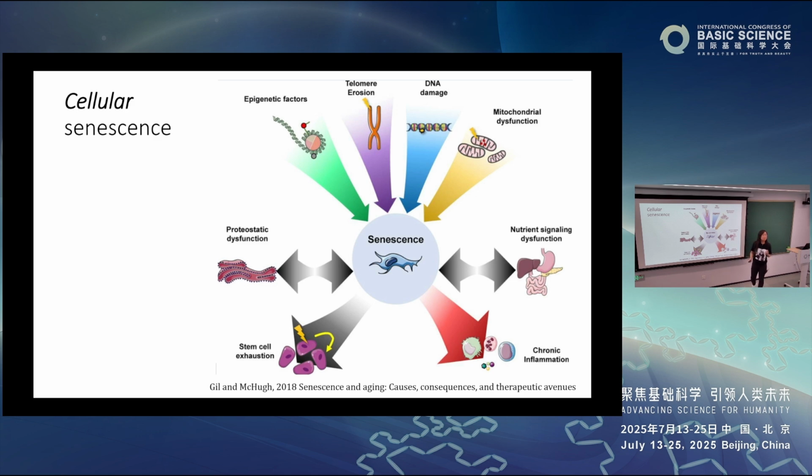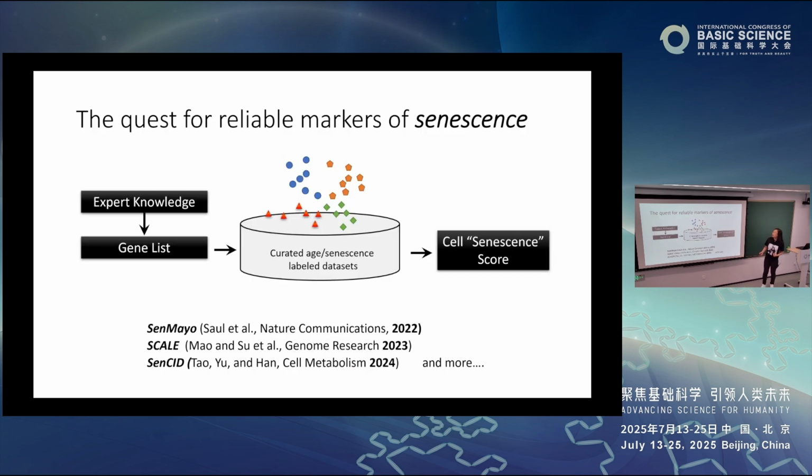However, how do we measure that? There have been quite a number of papers that try to develop aging clocks for our cells. Based on expert knowledge, they curate a bunch of genes that they think are related to aging, and then put them into a black box machine learning algorithm, feeding it labeled data sets.